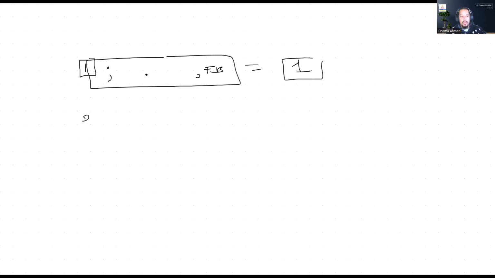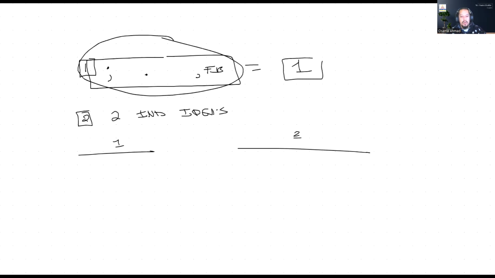If I have two independent ideas, idea one, idea two, it doesn't matter the number of dependent ideas or anything else. We use one of these three: either a period, a semicolon, or a comma fanboys. These are the rules. Any questions there?